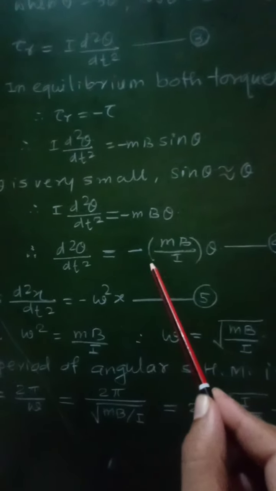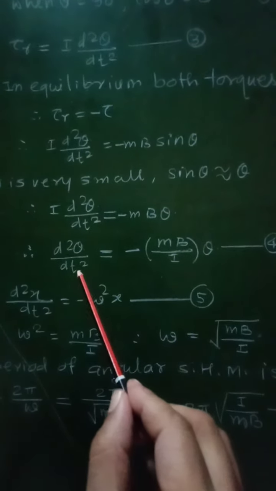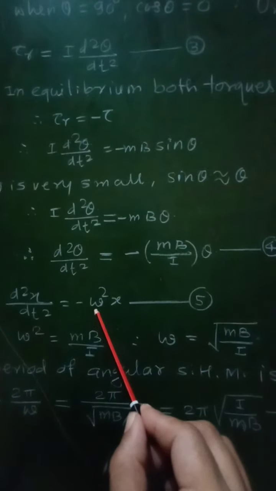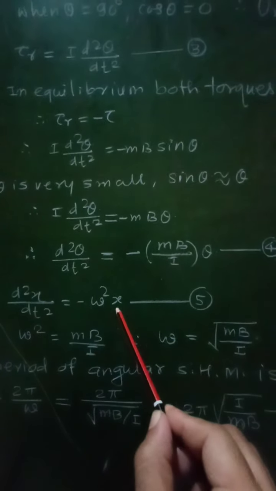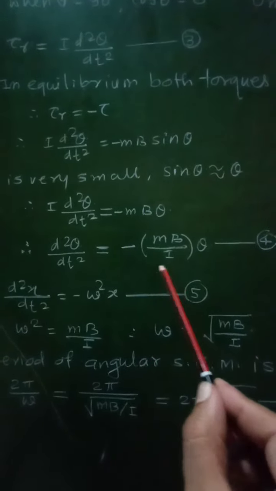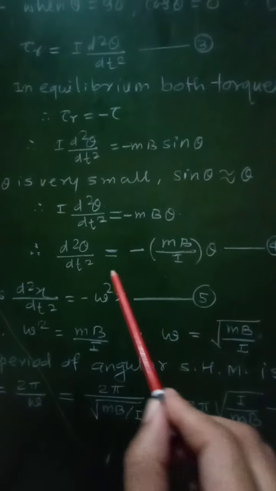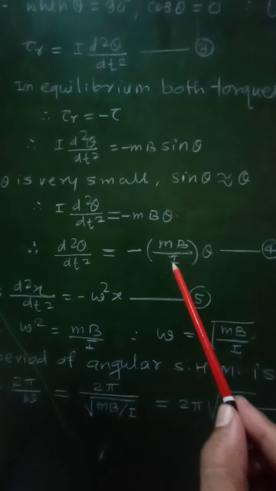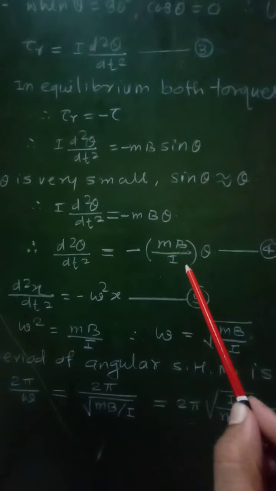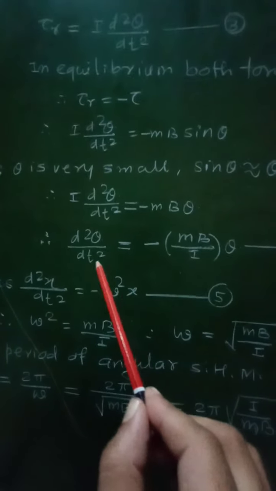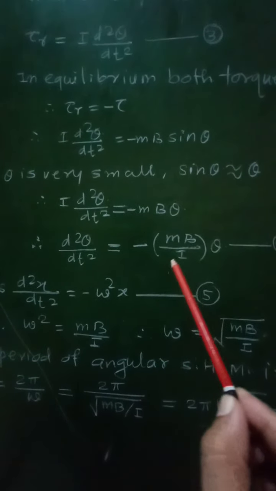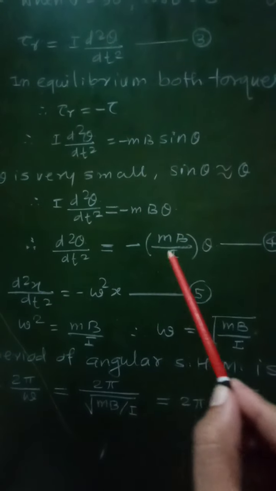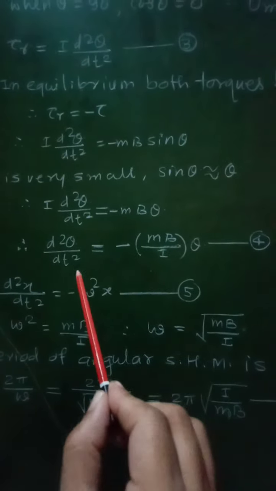Now if you compare equation number 4 with equation 5, here it is angular acceleration. This constant factor is similar to omega square and theta is similar to x. Therefore equation number 4 represents the acceleration of the magnet when it is performing angular or rotational motion, and as the angular acceleration is proportional to angular displacement, this represents angular simple harmonic motion, that is, angular SHM.